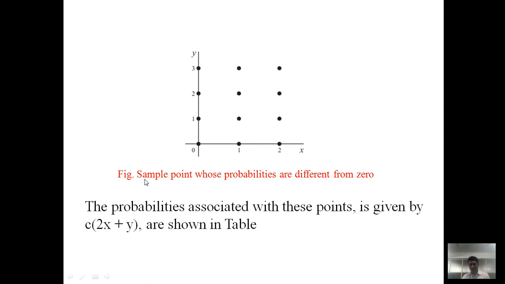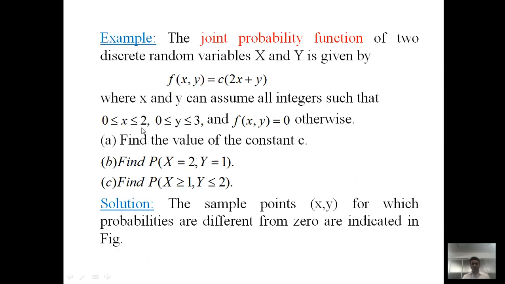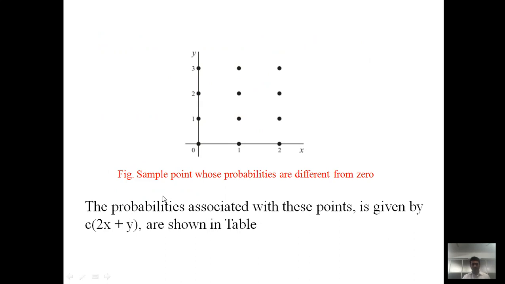So we write down here the sample points whose probabilities are different from 0, that is, non-zero. We are interested in finding the probability at these points. As given in the question, the probability of all those points is represented by the function c into 2x plus y.